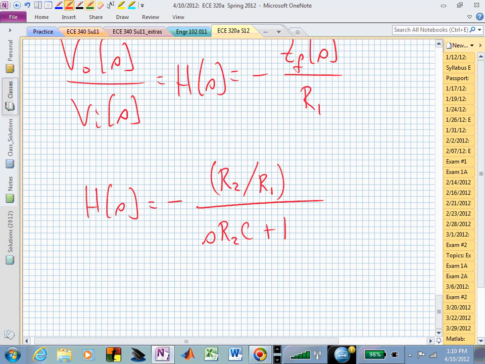Because it's first order, we can definitively define what the cutoff frequency is, and that's this transition between its flat response and where it rolls off. And we define that to be at the corner or break or the cutoff frequency, and that's at the pole. And where is our pole in this particular system?